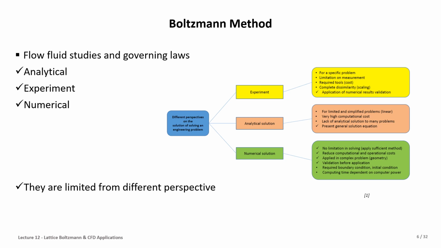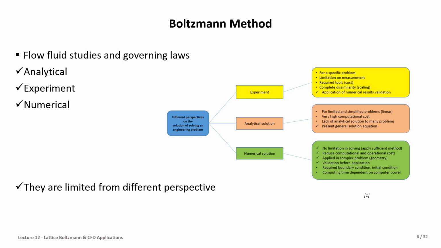We counted the advantages and disadvantages of these methods. For example, experiment is limited because of the size and also the cost. We are not able to make the experiment for every scaling. However, the experiment could be validation for the numerical approach.